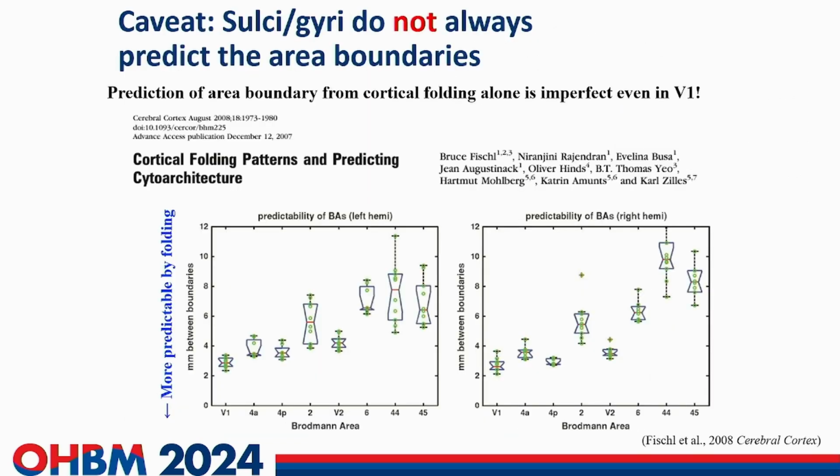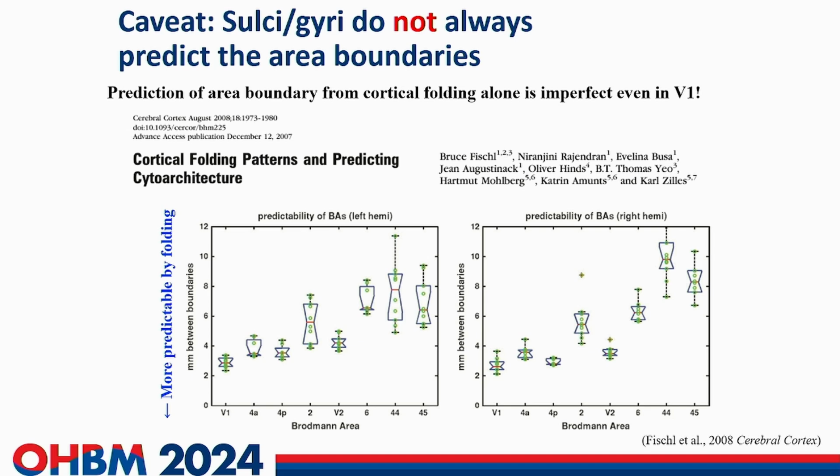However, there are a couple of caveats. You can, of course, use sulcal folding as an indicator of where an area boundary exists. But I think the prediction of area boundaries from cortical folding alone is imperfect, even in the primary visual cortex. This is a paper by Bruce Fischl, Karl Zilles, and others.